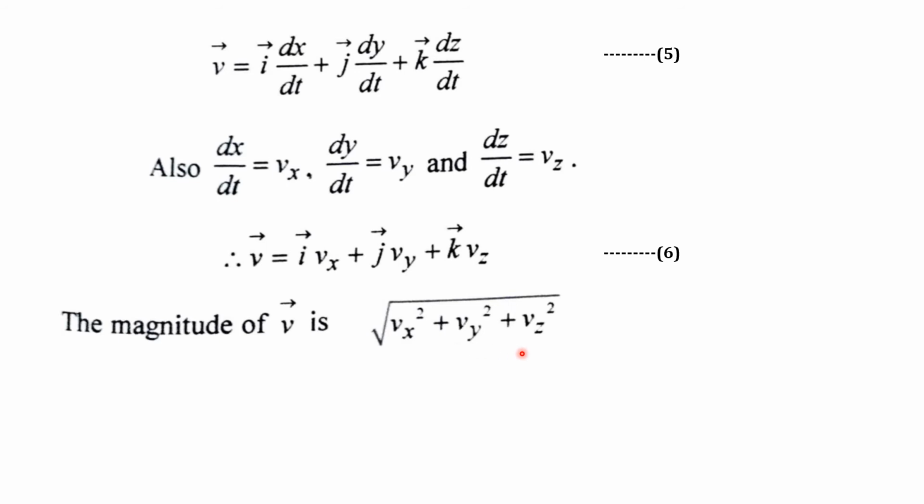Now the next point is that for rectilinear motion of the particle, the direction of v is the same as the position vector r. But for rectilinear motion, the velocity v continuously changes, and if it changes instantaneously, then we get another term, acceleration.